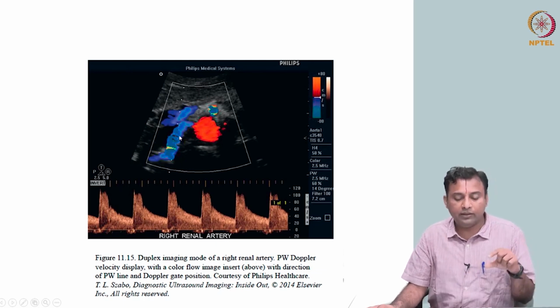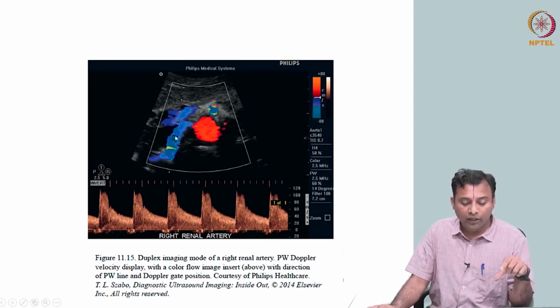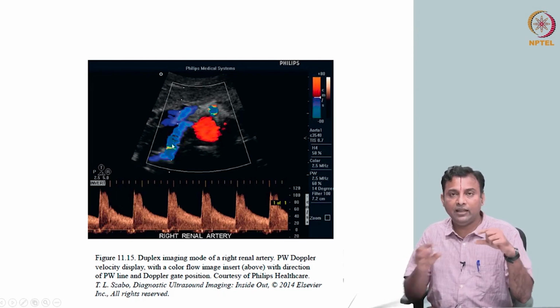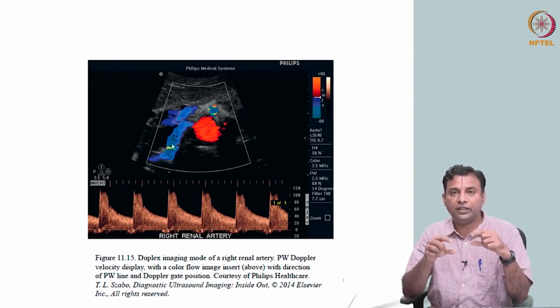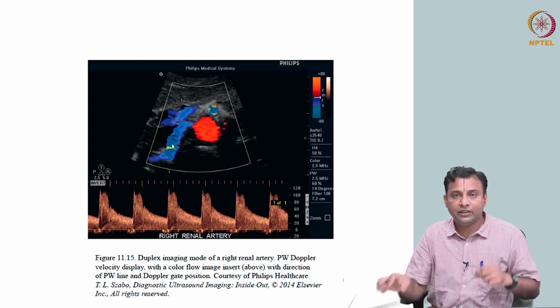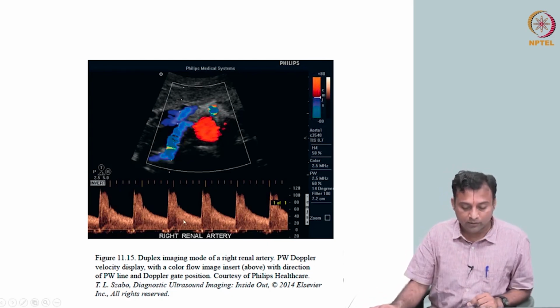If you take the radio frequency data, that we call the echo data, only from this region, and see how with time the frequency is shifting, the Doppler shifted frequency, if you plot that, this is what it is. Okay, so this is the velocity from your Doppler shift.